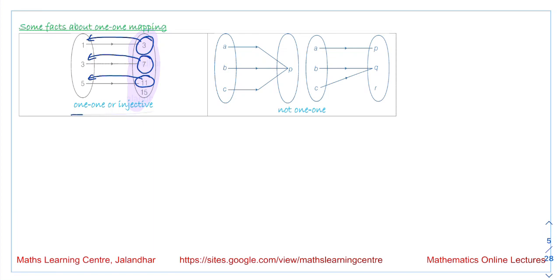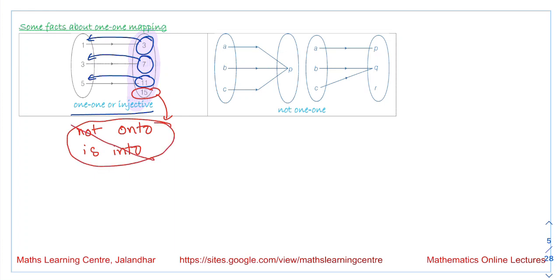So this function is an injective or 1-1 function. Now it is important to note that this 15 does not have any pre-image. It means this function is not onto but it is an into function.